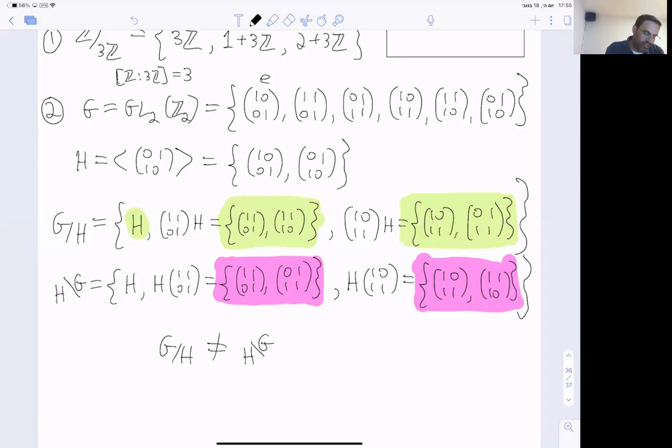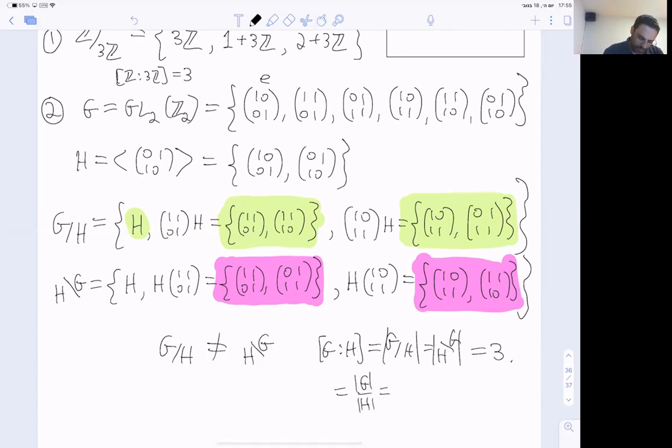But of course, the cardinality is the same, it is 3, because you need the same number of pavers to pave the whole floor. Okay, because it's 6 modulo 2.